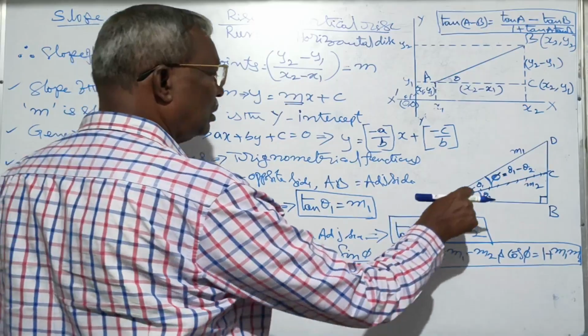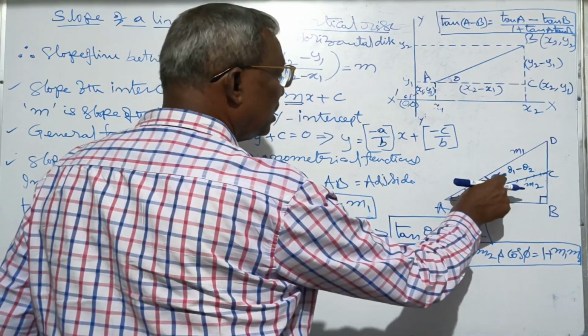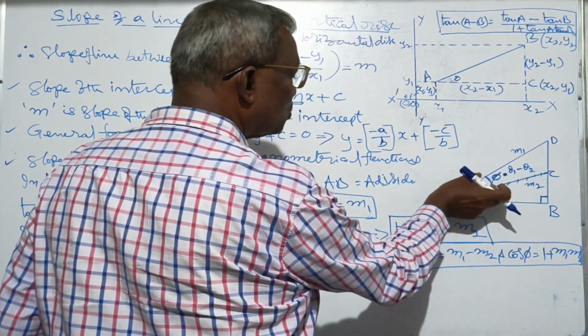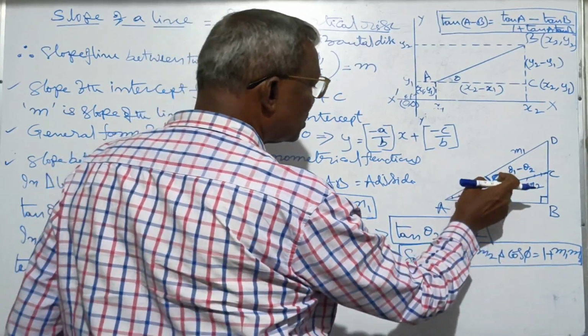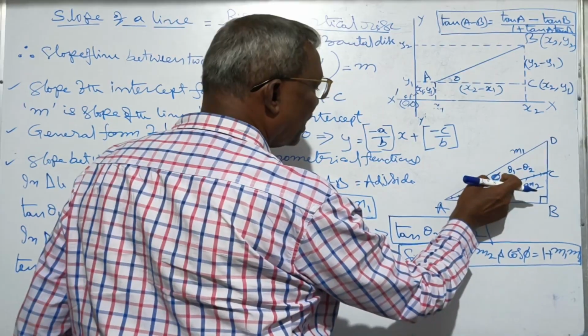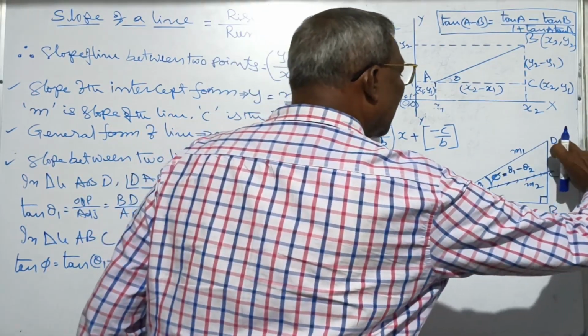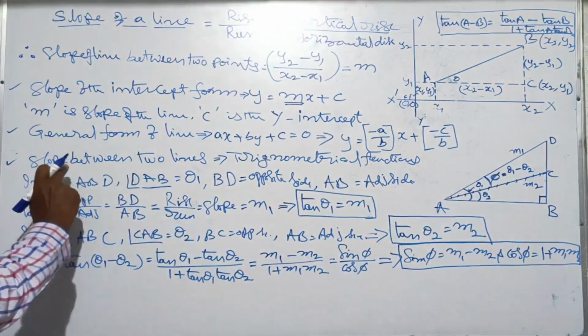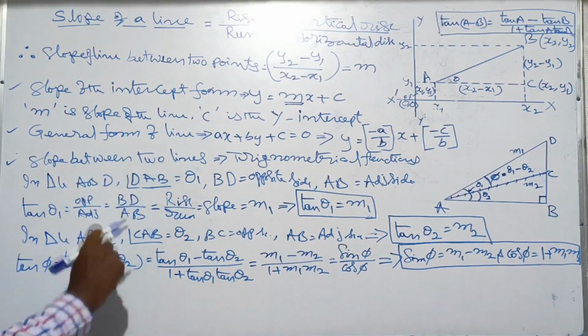Now, what is this phi? It is the difference of both angles. With this angle phi, CD is the rise.